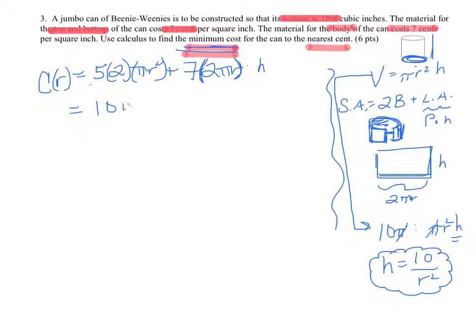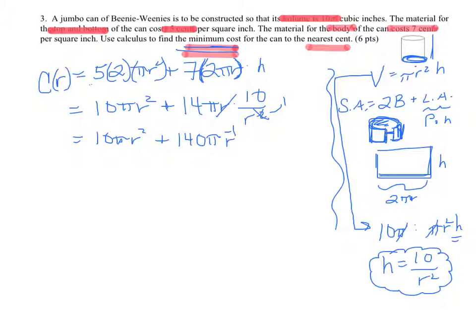Let's simplify this. 10 pi r squared plus 14 pi r times 10 over r squared. Notice the r's cancel. This exponent is going to become a 1. And for the sake of my derivative, 14 tens is 140. Don't forget this pi. And r comes to the front, to the numerator, sorry, with a -1 exponent.